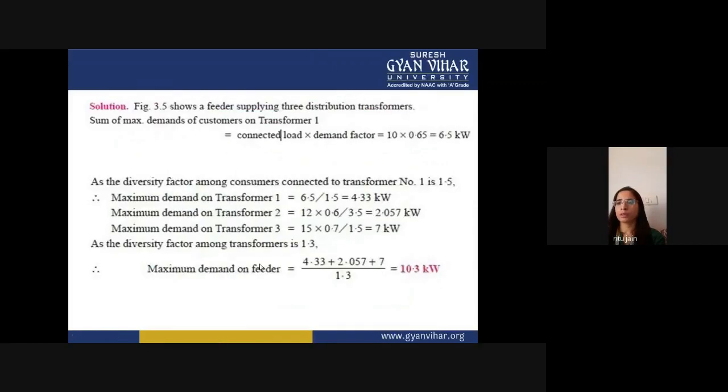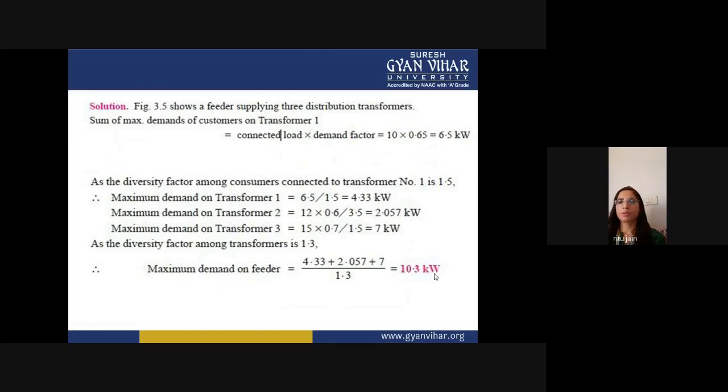The diversity factor among the transformers is given as 1.3, and the individual maximum demands you have already calculated: 4.33, 2.057, and 7. So you will get 10.3 kilowatt as the maximum demand through the feeder.